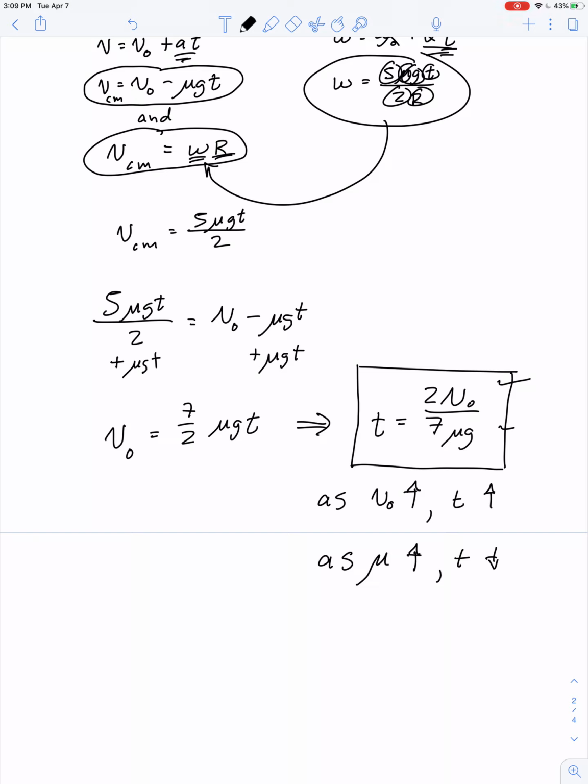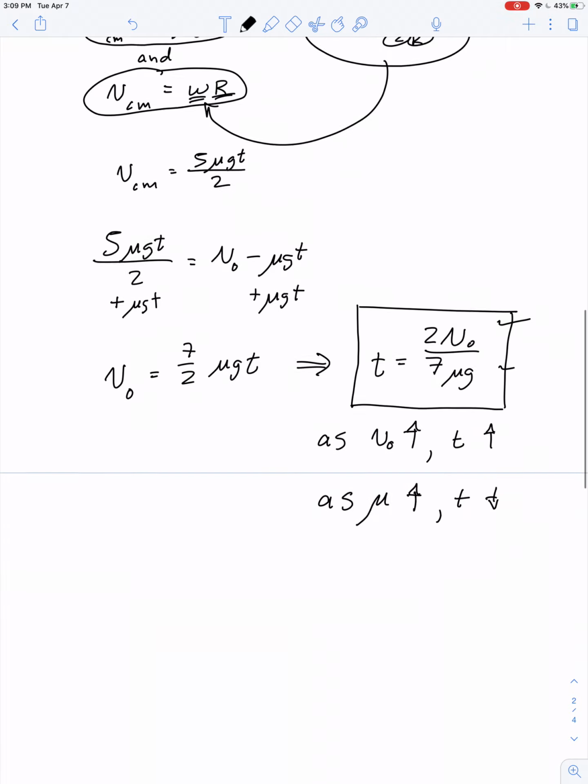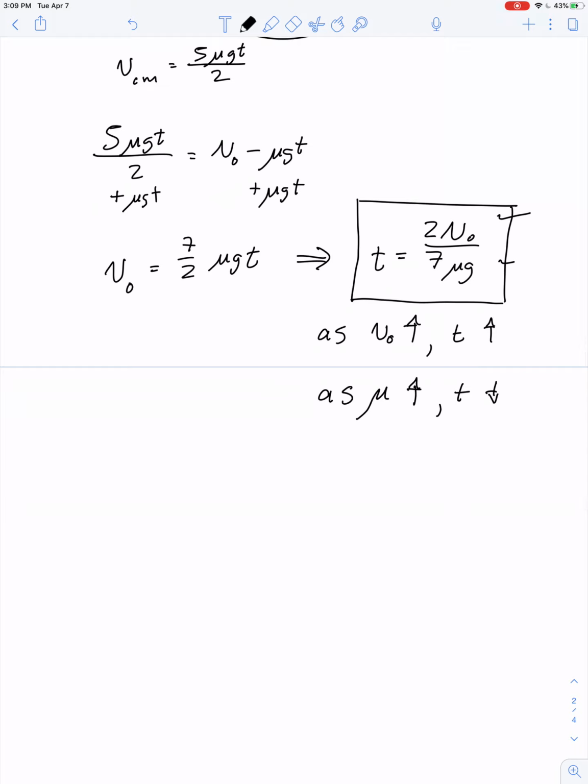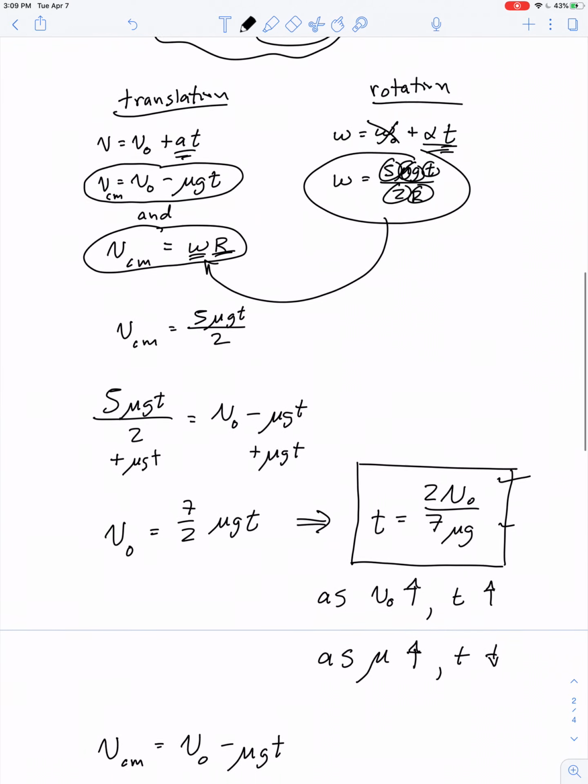So the more roughly waxed, so to speak, the lane is, the less time it'll take to reach that state of pure rolling motion. Anyway, if we know the time it takes, then we can say the final speed of the center of mass is equal to the initial speed, however fast it comes out of your hand, minus mu gt, just copying the equation from above.